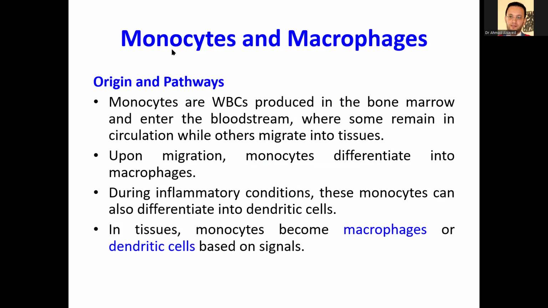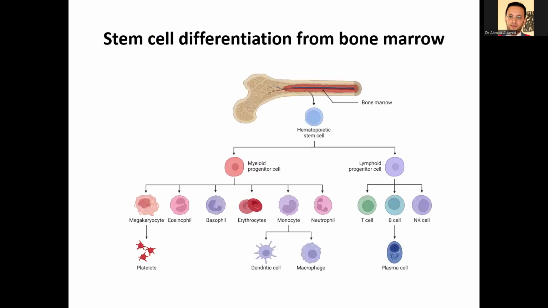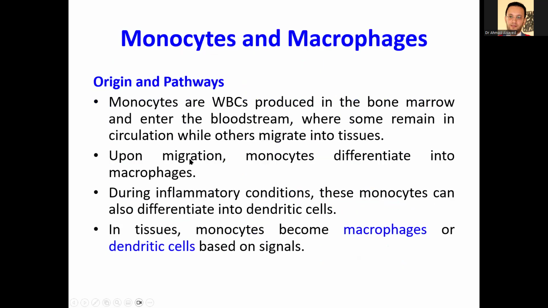There is a link between monocytes and macrophage, as we see in the figure here. From hematopoietic stem cell, there is a myeloid progenitor, then monocyte, and the monocyte has a short half-life because it will differentiate into either macrophage or dendritic cell, depending on the site and on the chemicals secreted.